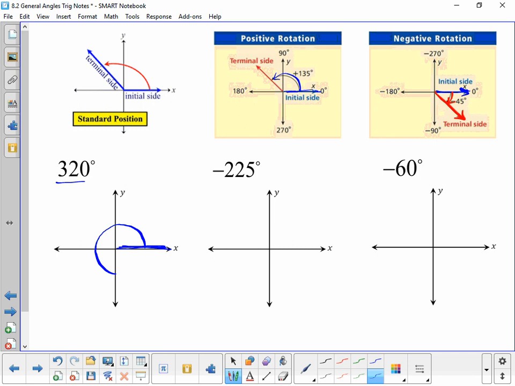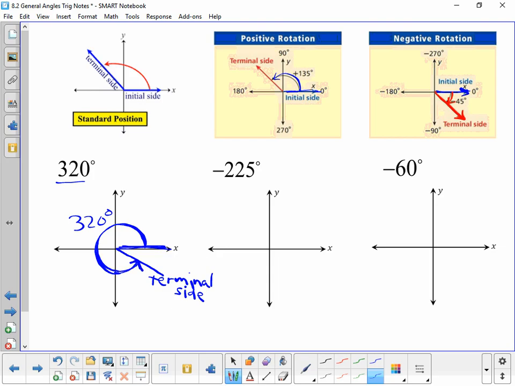I need to go a little bit more to get to 320, and that little bit more is 50 degrees more. So this would be my terminal side, and my angle is 320 degrees. So it ends up in the fourth quadrant.